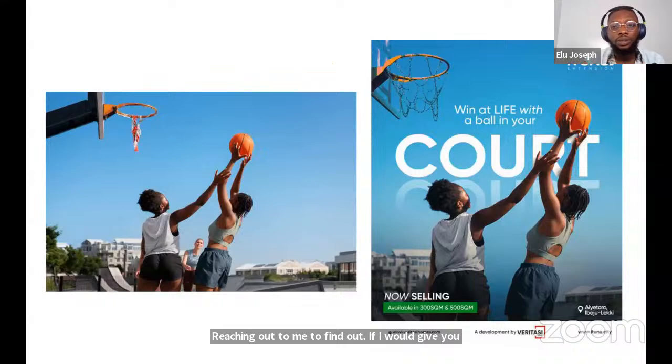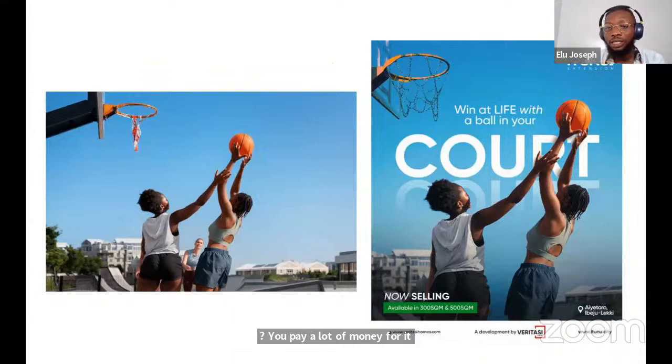Without reaching out to the person that owns the picture, that person can actually take you to court. And guess what? You pay a lot of money for it.